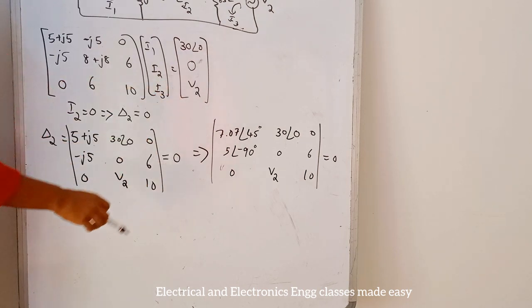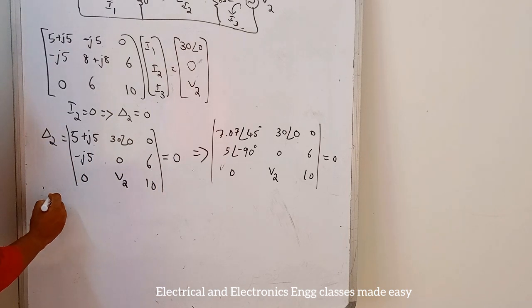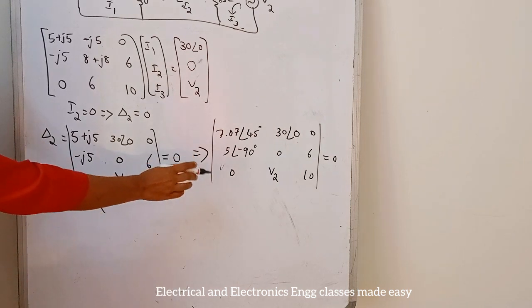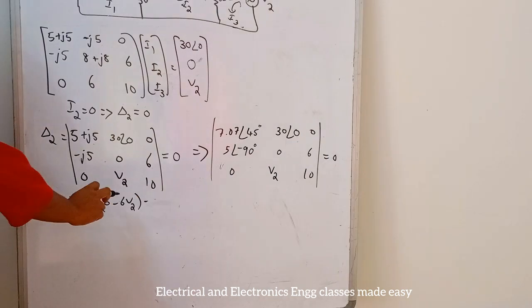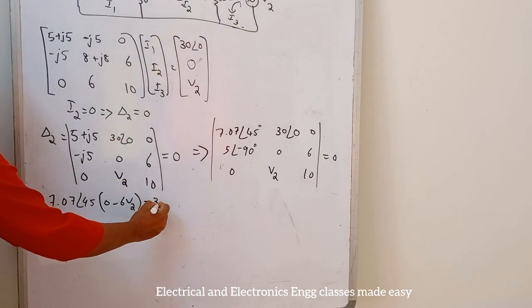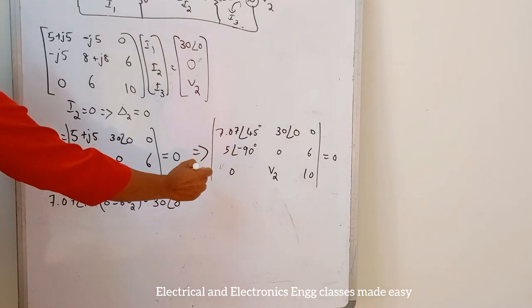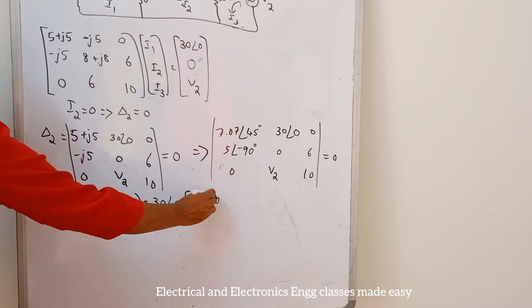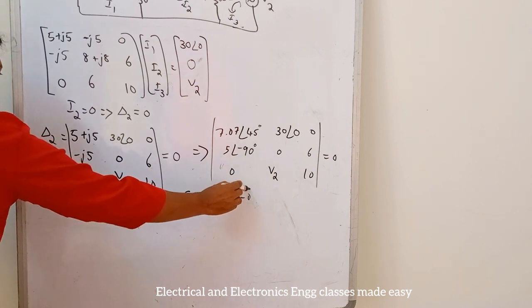Now we have to find the determinant. For that: 7.07 angle 45 into 0, minus 6 V2, and the next one we get minus 30 angle 0 into 5 angle minus 90 degree into 10, then minus 0.